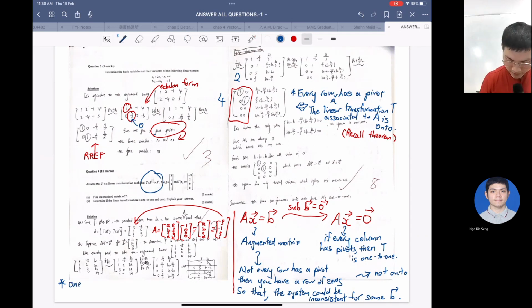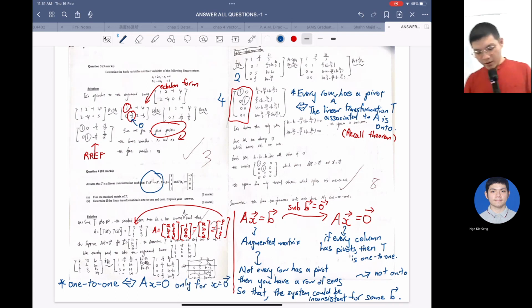It's 1 to 1 if and only if AX equals 0 only for X equals 0. How to state the theorem? What you can do is find another vector that gets mapped to 0. Can you easily find one? I think you can, right?